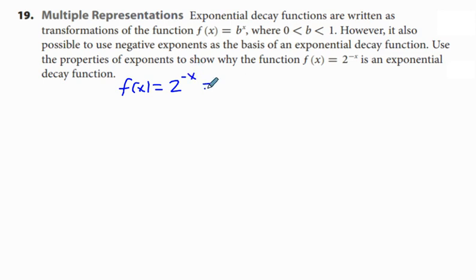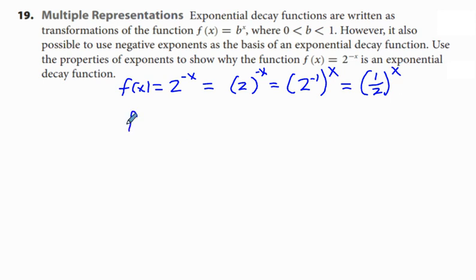And what we can do is we can rewrite this as 2 to the power of negative x, and we can distribute this negative sign. So we can rewrite this as 2 to the negative 1 power, to the power of x. And we can rewrite 2 to the negative 1 power as 1 over 2.